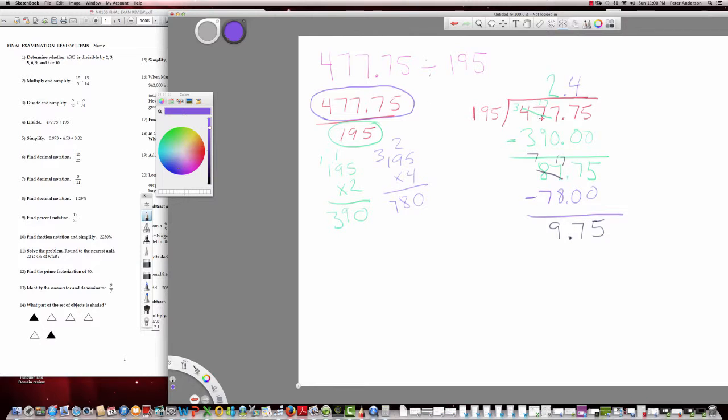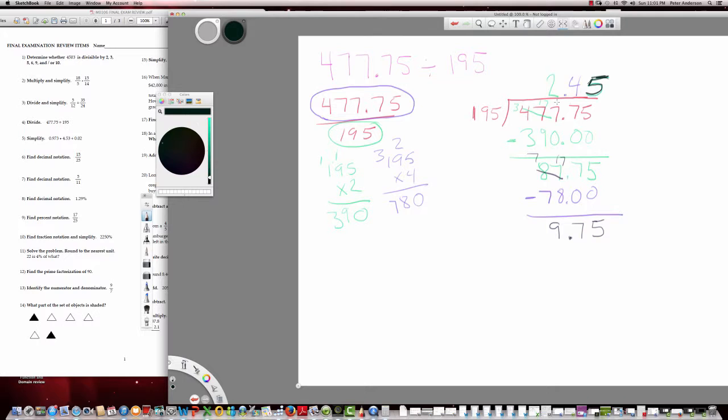So I could try 4, but maybe 5 will work. We'll see. I'm not sure. Let's try 5. Let me stick with black. I'm going to try 5.